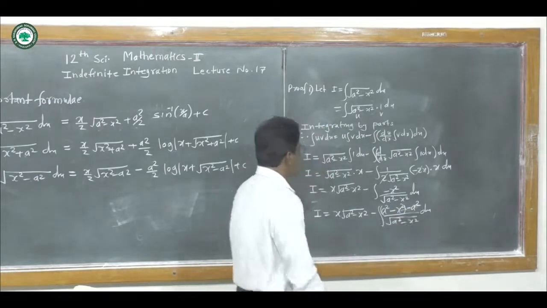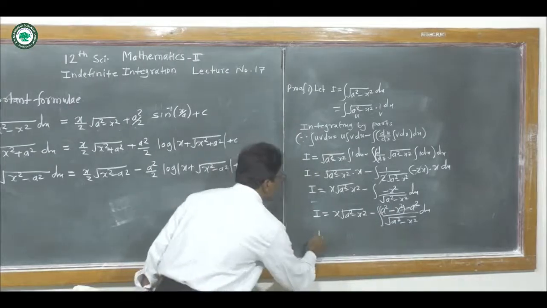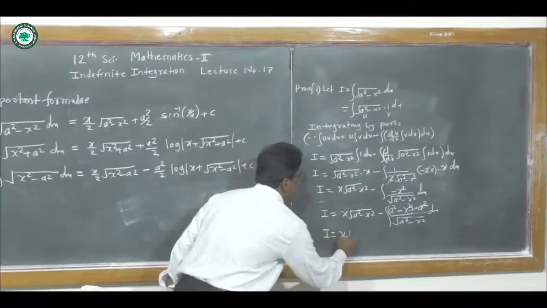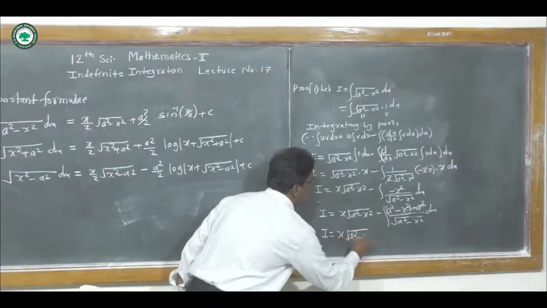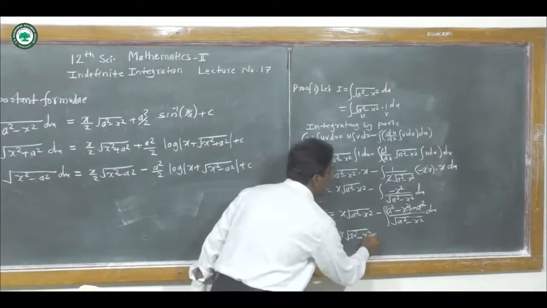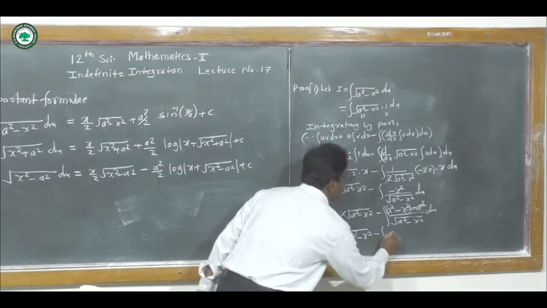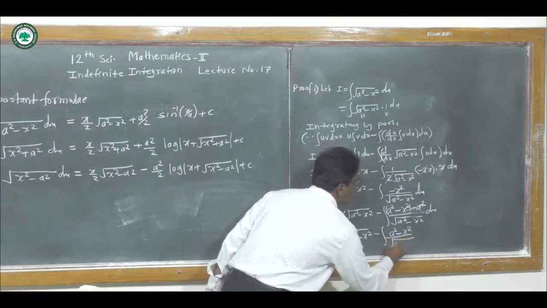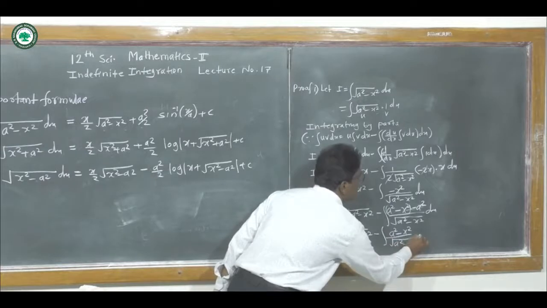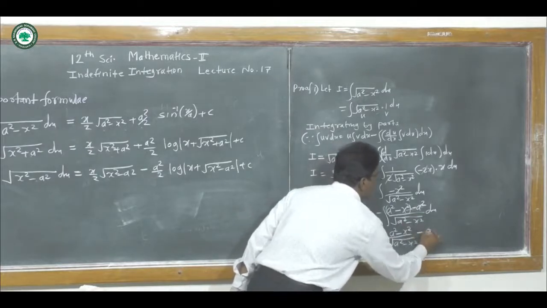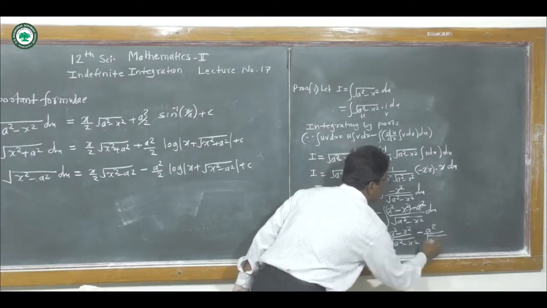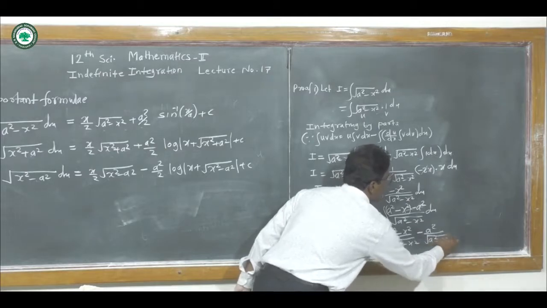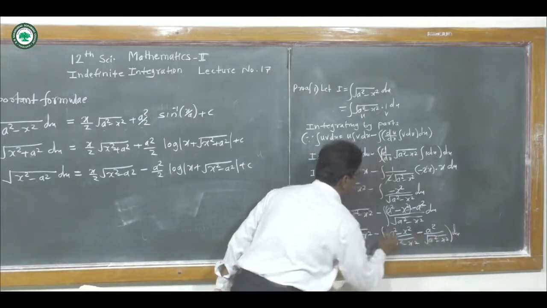Get it? And so we get I is equal to x into under root of a square minus x square minus integration of a square minus x square upon root of a square minus x square, and this minus a square upon root of a square minus x square dx.